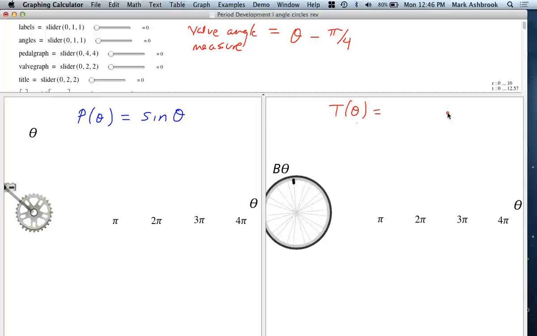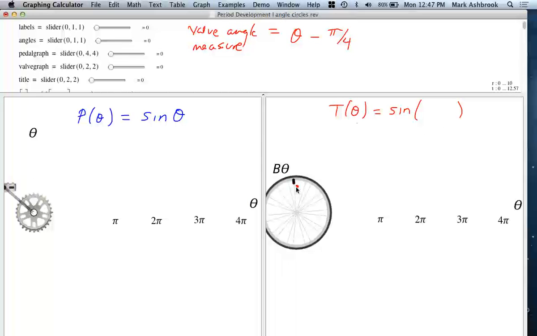Candace, have an idea about that? We want the vertical distance of the tire valve. Would that be sine or cosine? That's sine. And now what's our input angle? If it's about the tire valve, then we need the tire valve angle there.